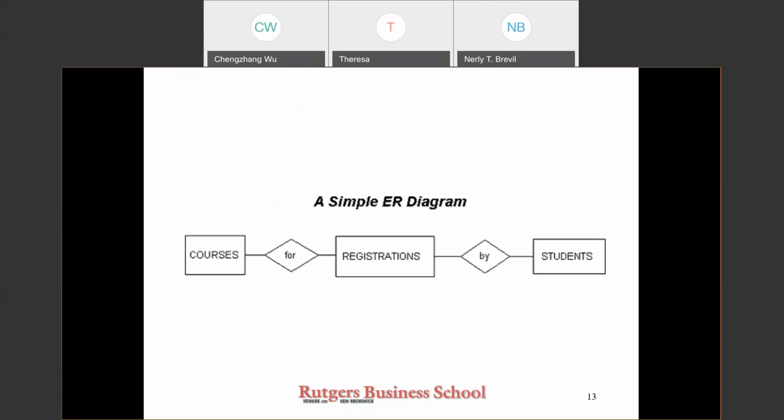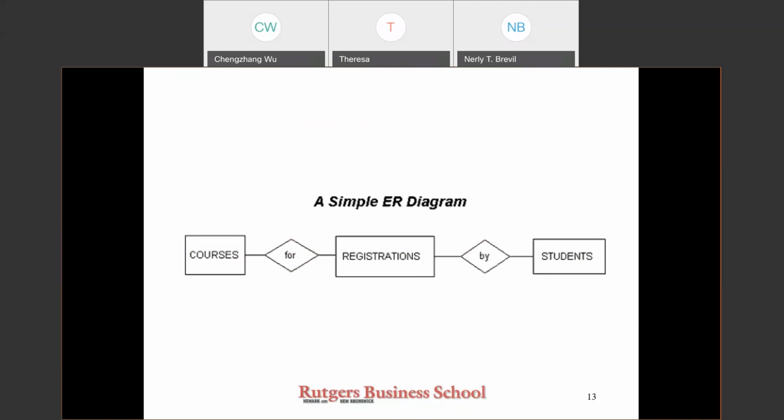In an entity relationship diagram, it uses rectangles to represent entities and diamonds to represent relationships, where entities are simply the objects of interest in the domain being modeled.